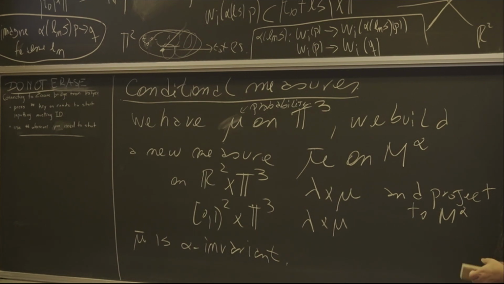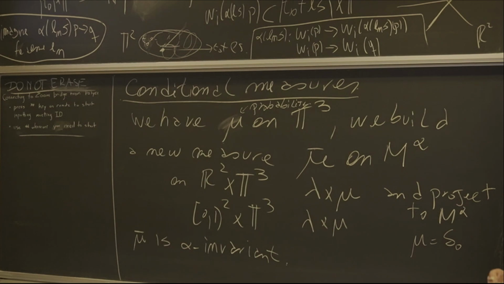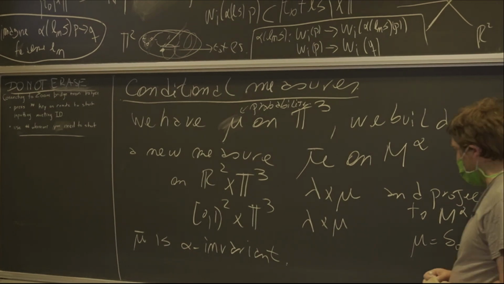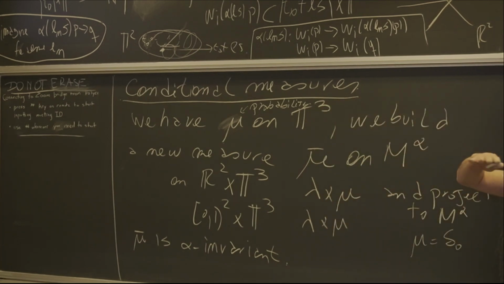The other possibility is that mu could have been delta at 0. 0 is a fixed point for the action. And in this case, this measure mu bar is essentially supported on a copy of T2 over this T2 on the base.